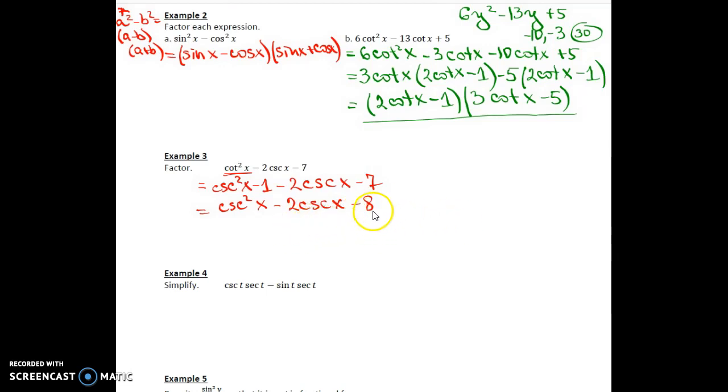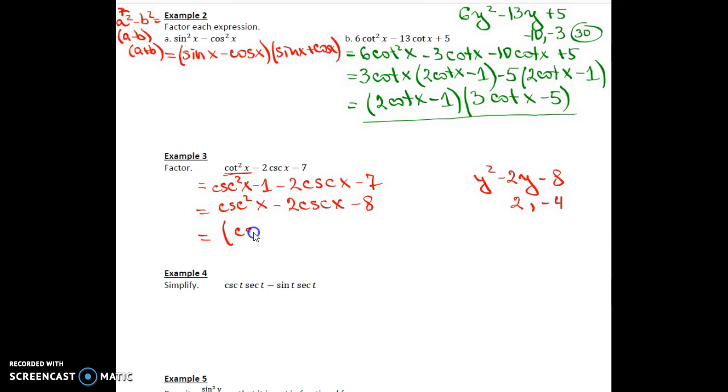Now it looks just like a quadratic equation of the form y squared minus 2y minus 8. And to factor it, I'm looking at two numbers that multiply to give me negative 8 and add together to give me negative 2. Those numbers are negative 4 and positive 2. Okay, so we're ready to factor our expression.